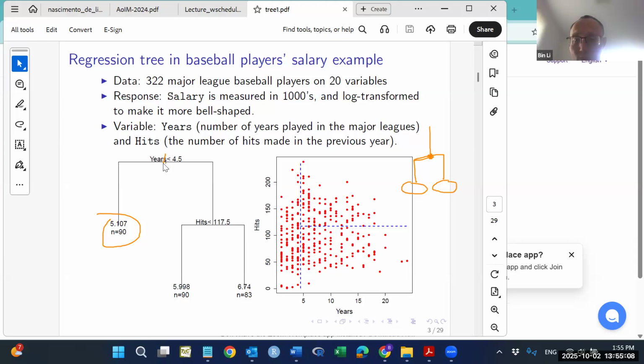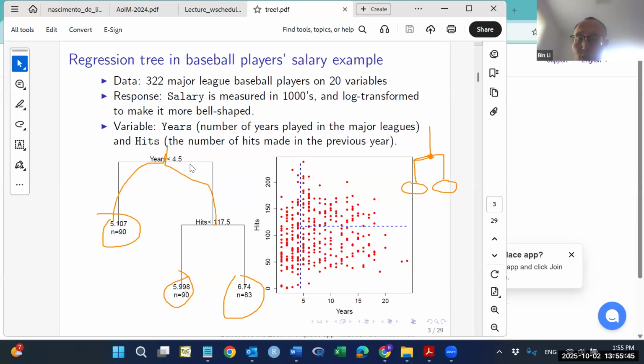Just the split at the year. But that's not the maximum. The maximum is actually these 2 leaves. To reach them from the root, we need to go through 2 splits. Does that make sense? First is the year, second is the hits. So we need these 2 splits to reach from the top, which is the root, to the bottom. That's the maximum number of splits, and that's the tree depth.